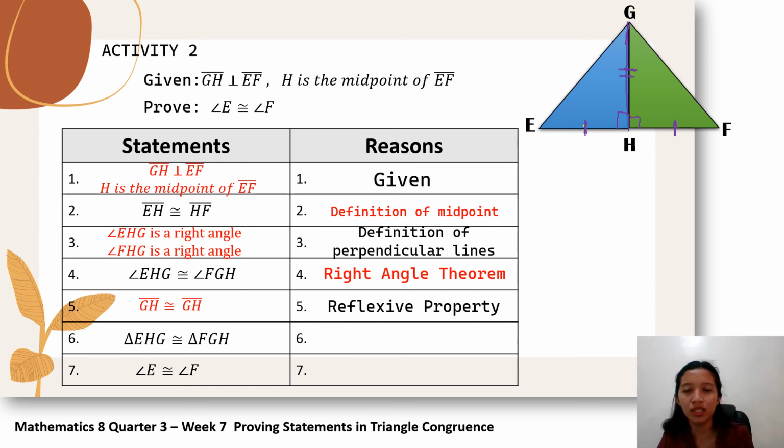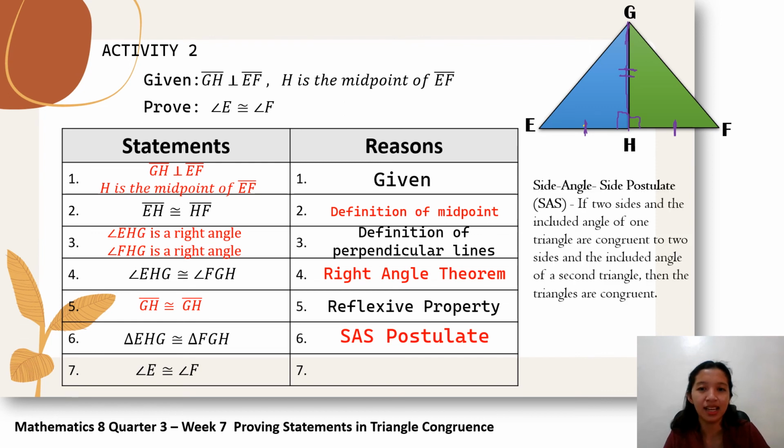Okay. And now, since we already have three congruent parts, then we can say that triangle EHG is congruent to triangle FGH. So what is our reason for that? What triangle congruence postulate will satisfy this statement? It is SAS postulate.